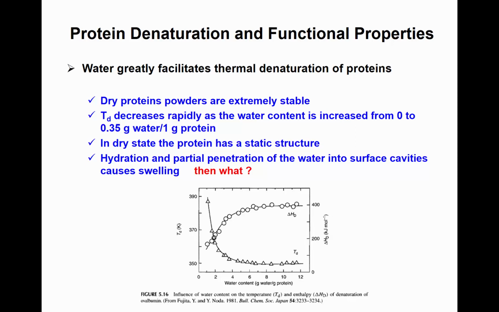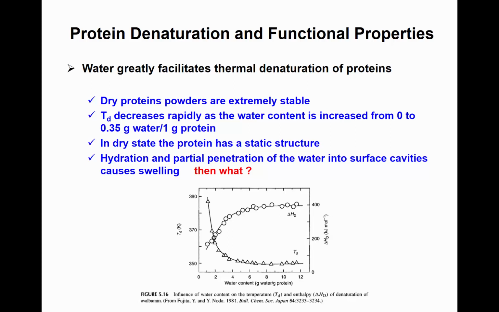And then what happens? When water enters the moiety of the protein, what happens? Think about bonds. Water is inside now. Which bonds will be broken? Hydrogen bonds.